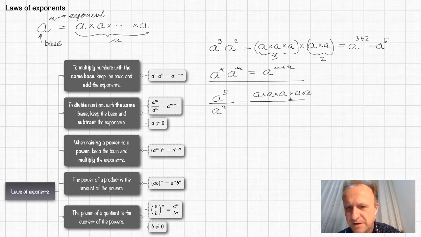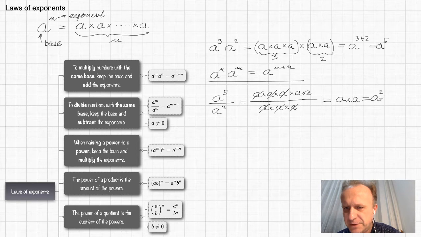And in the denominator you have a multiplied by itself 3 times, so it's a times a times a. Now you can see that some of these factors can be cancelled. So you can cancel this a, this one and this one, and these two. What remains are 2 factors of a in the numerator, and altogether it's then a times a, which is a to the power of 2.